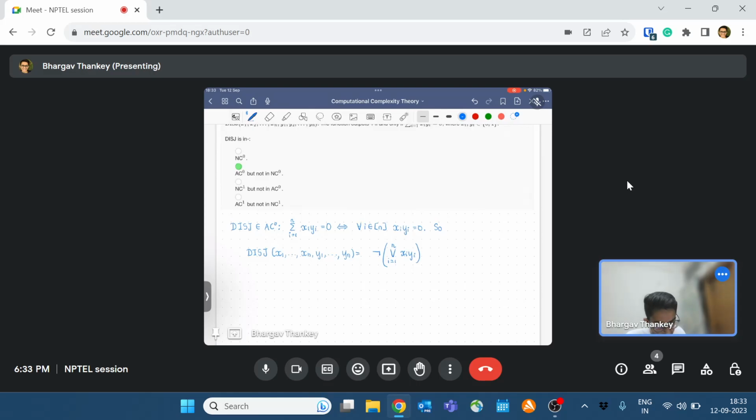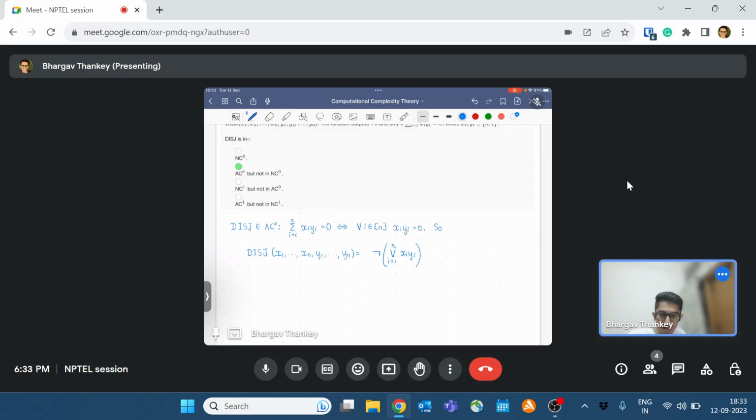Why? Because whenever all of these are zero, the sum is zero, and so my circuit should output one, because this string is disjoint. So there was some confusion over here, but I hope this is fine now.